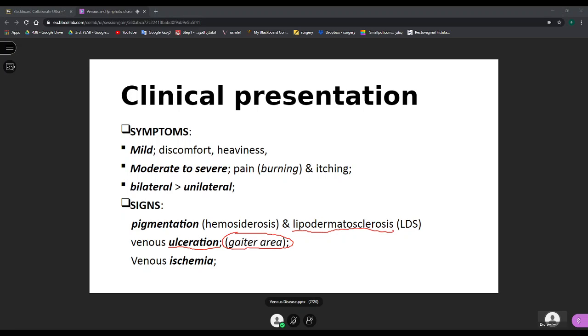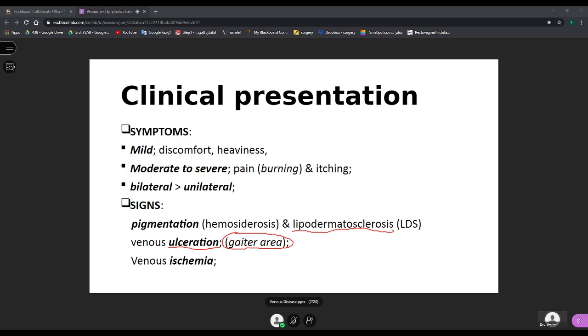So ulceration due to venous disease is usually found in this gaiter area, and the explanation is that in this area there are many perforators which connect the superficial system to the deep system, as I have mentioned earlier. These are known as the Cockett perforators anatomically. And when you get incompetence of these Cockett perforators, you get ulceration in this area.